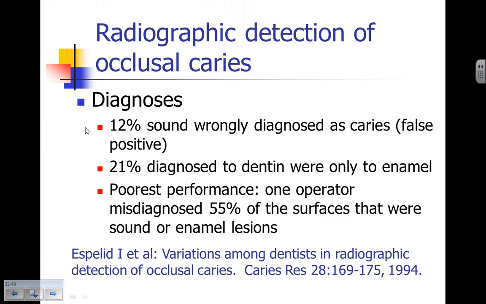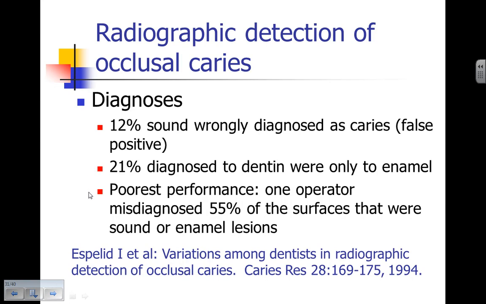Well, from the diagnoses that were made, 12% of the sound teeth having no caries were wrongly diagnosed as having caries radiographically, a false positive. 21% of the carious lesions were diagnosed to the dentin when in fact they were only enamel lesions.